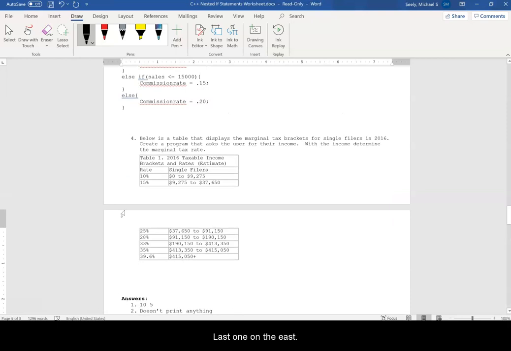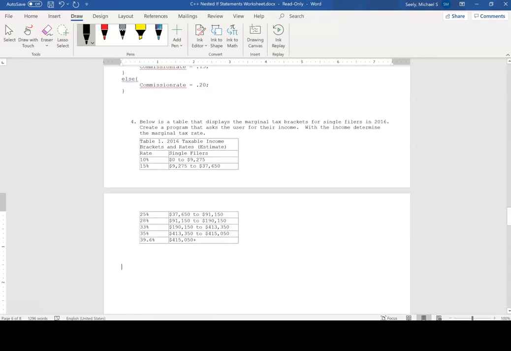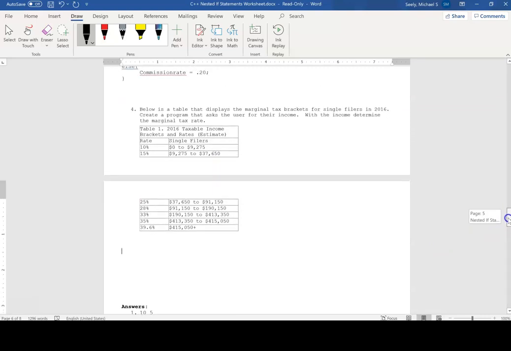Last one on these. You got the marginal tax brackets for single filers. So what would this be?